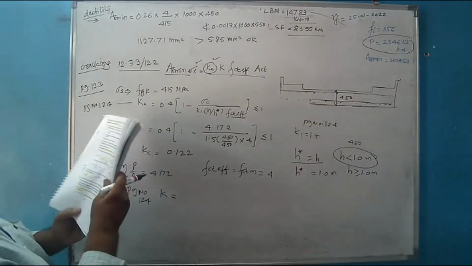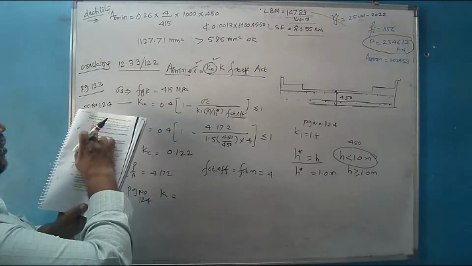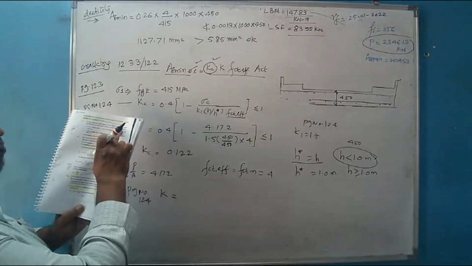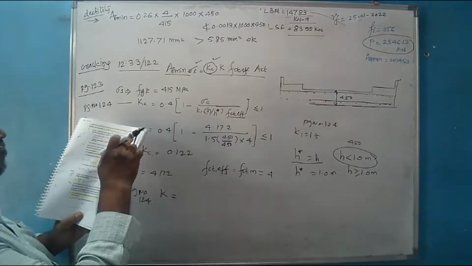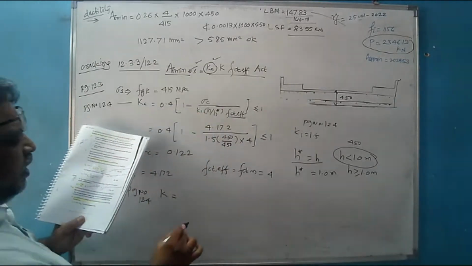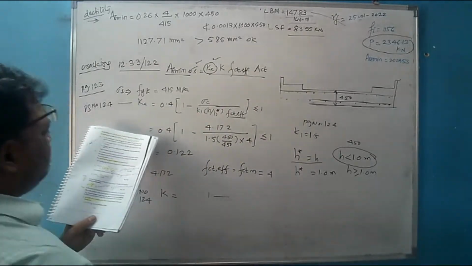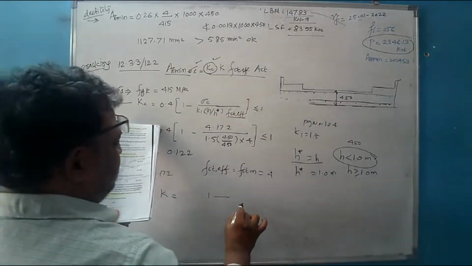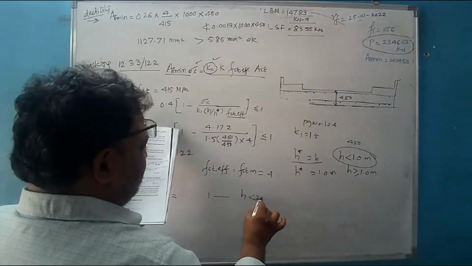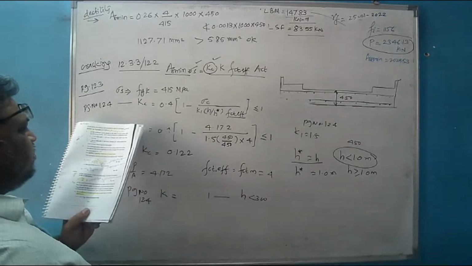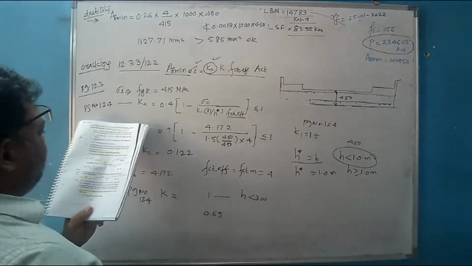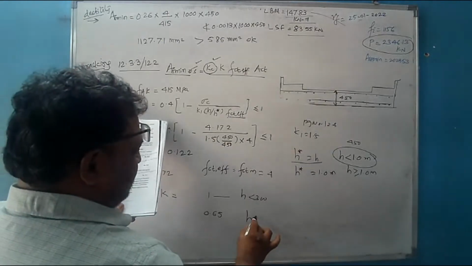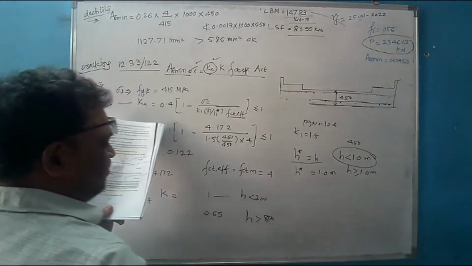What is k? It is the coefficient which allows for the effect of the non-uniform self-equilibrating stresses which lead to the reduction of the restraint forces. It is equal to 1 where the depth is less than 300. It is equal to 0.65 when h is greater than 800.